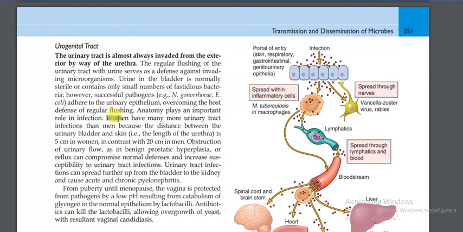In women, the urethra opens very close to the genital tract, and normal flora of the genital tract can penetrate into the urethra just after sexual intercourse, or after washing following defecation. Escherichia coli, which is normally present in the digestive tract, can penetrate into the urethra just by the washing process.